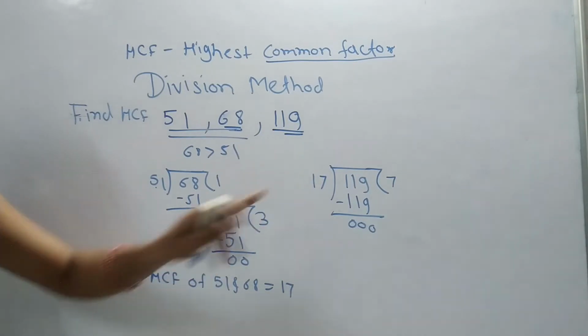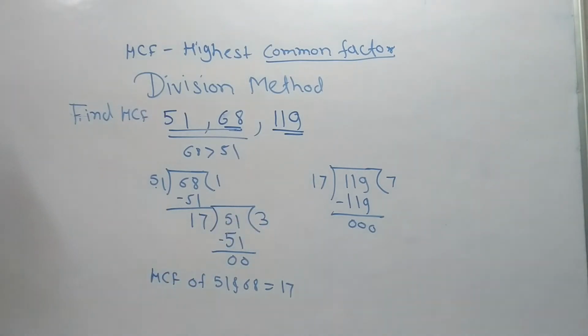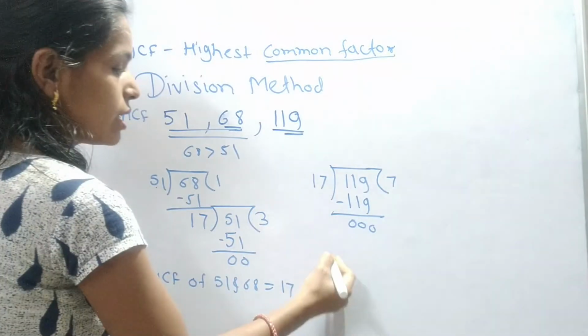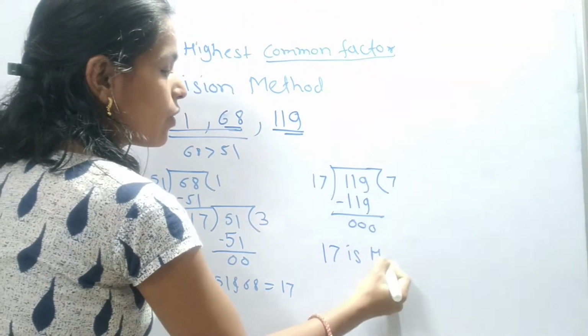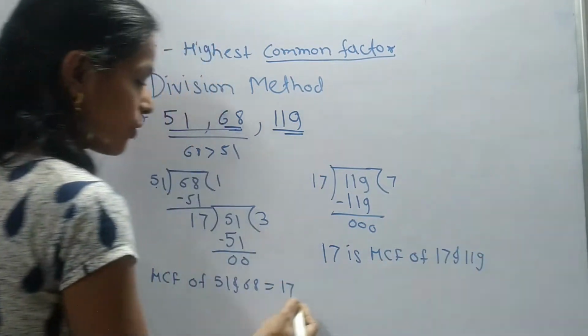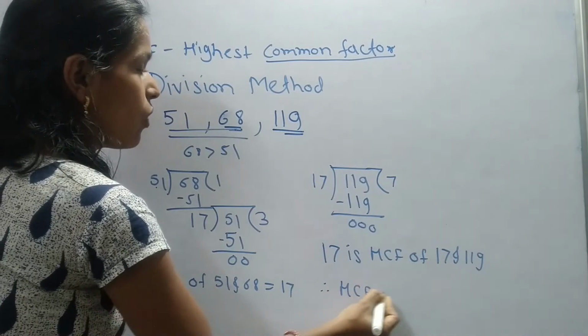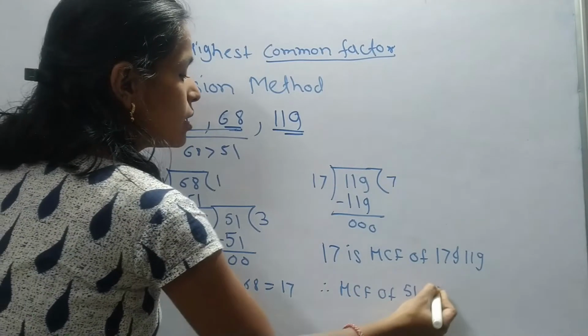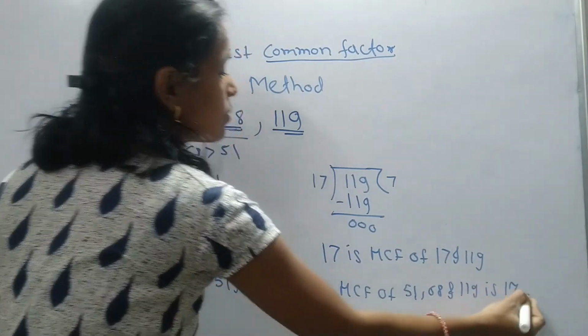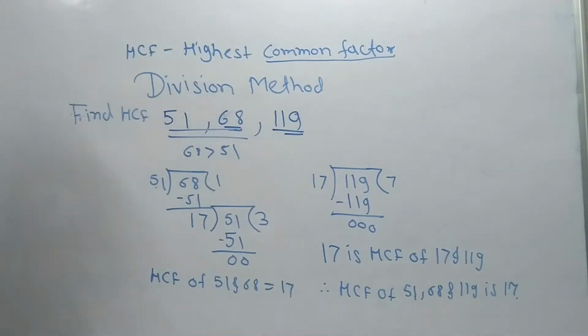So 17 is the HCF of 17 and 119. So therefore HCF of 51, 68 and 119 is 17. Hope it is clear to you.